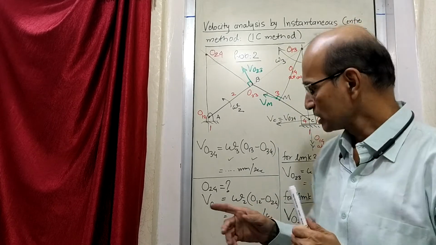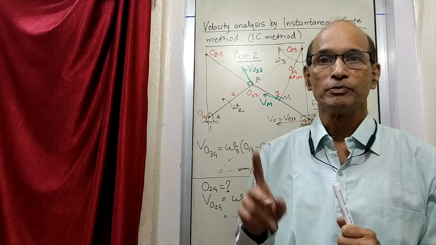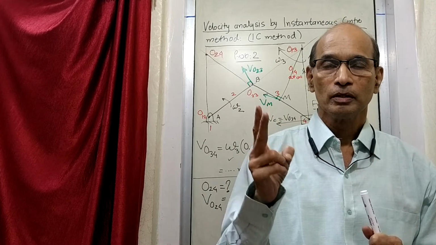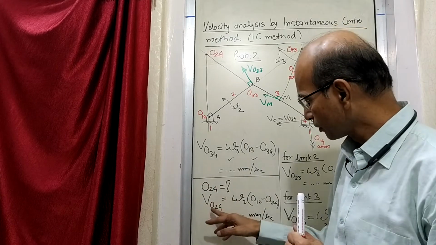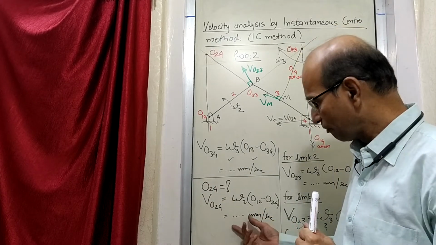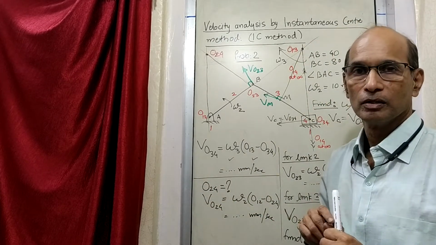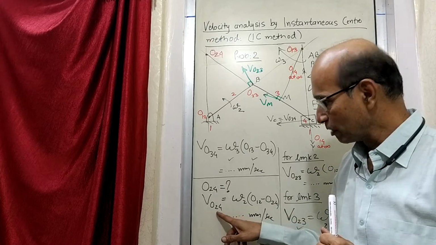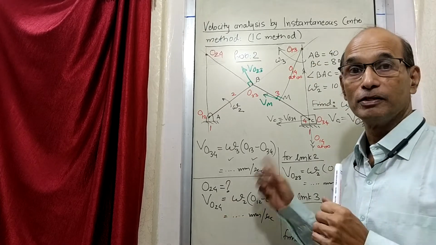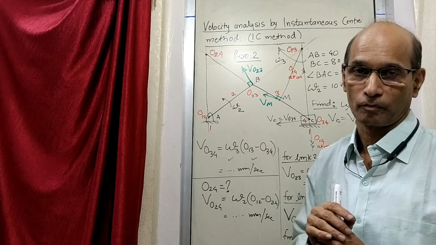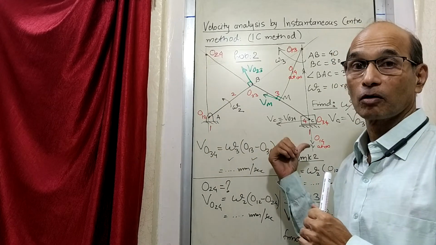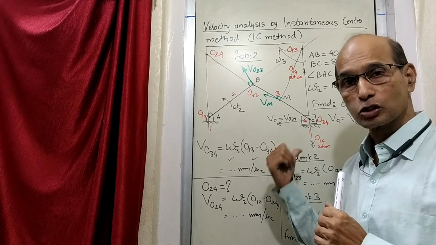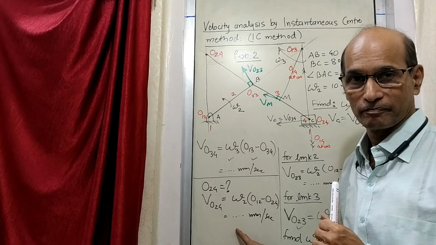Now, this O24 is a point which belongs to link number 2 also and it belongs to link number 4 also. Right now we say it is belonging to link number 2 and we have found out the velocity this much. Now can you say that it is the same velocity of this point if it is a part of link number 4? That means if this 24 is lying on link number 4, then also its velocity is same.